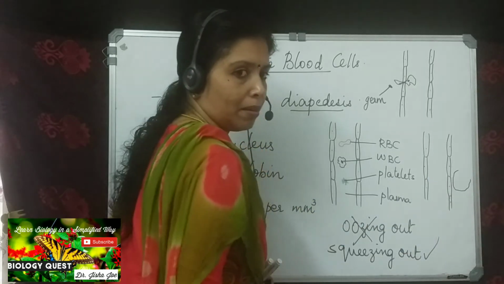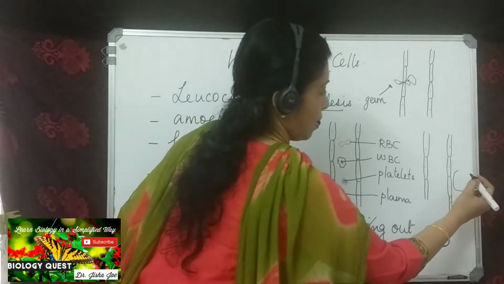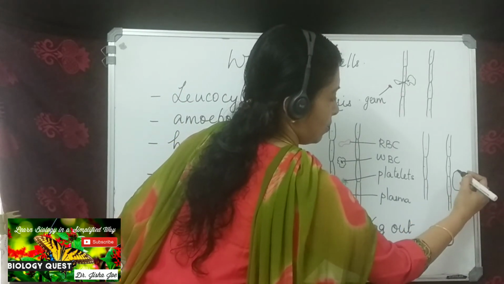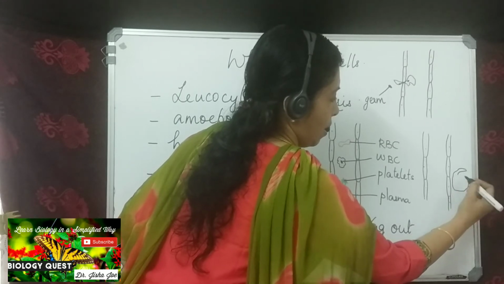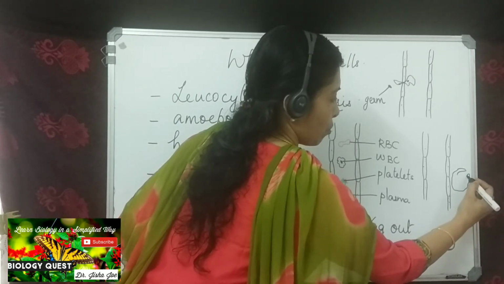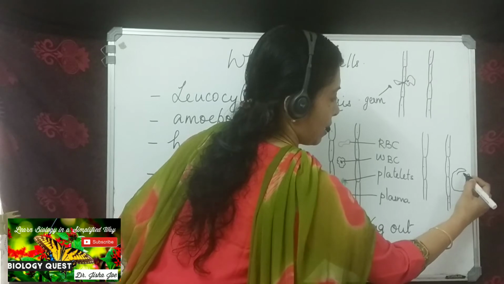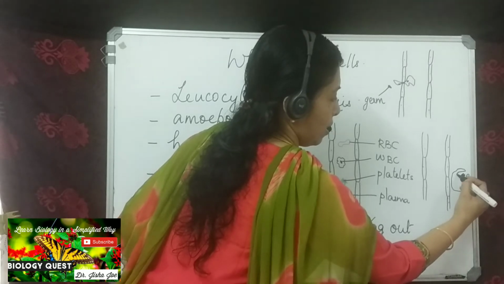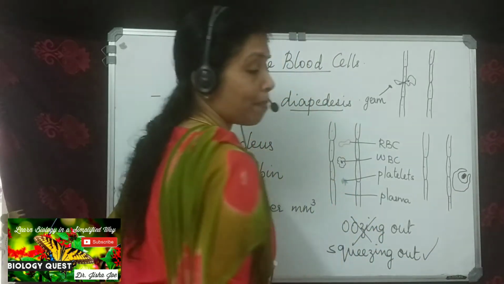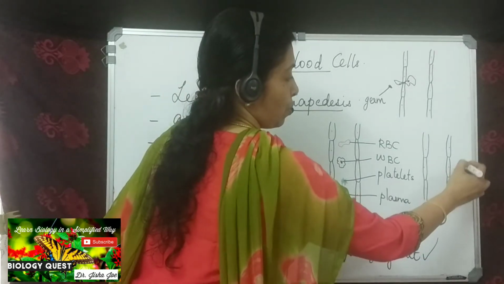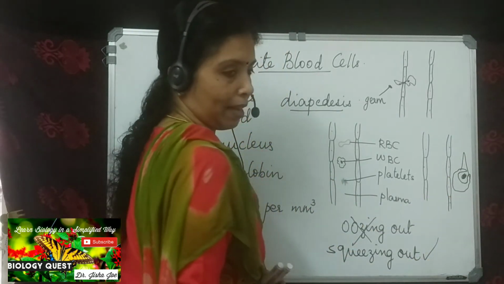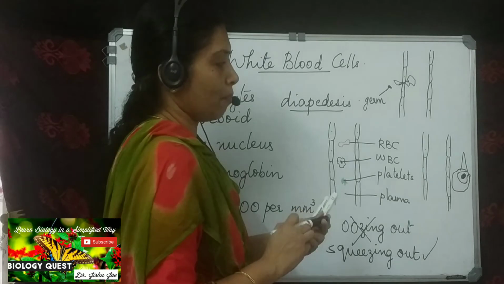In the third diagram, you can see that just like the amoeba, the WBCs also put forth pseudopodia and engulf the disease causing germ or bacteria. That is the pseudopodia that is put forth there by the WBCs, which engulf.